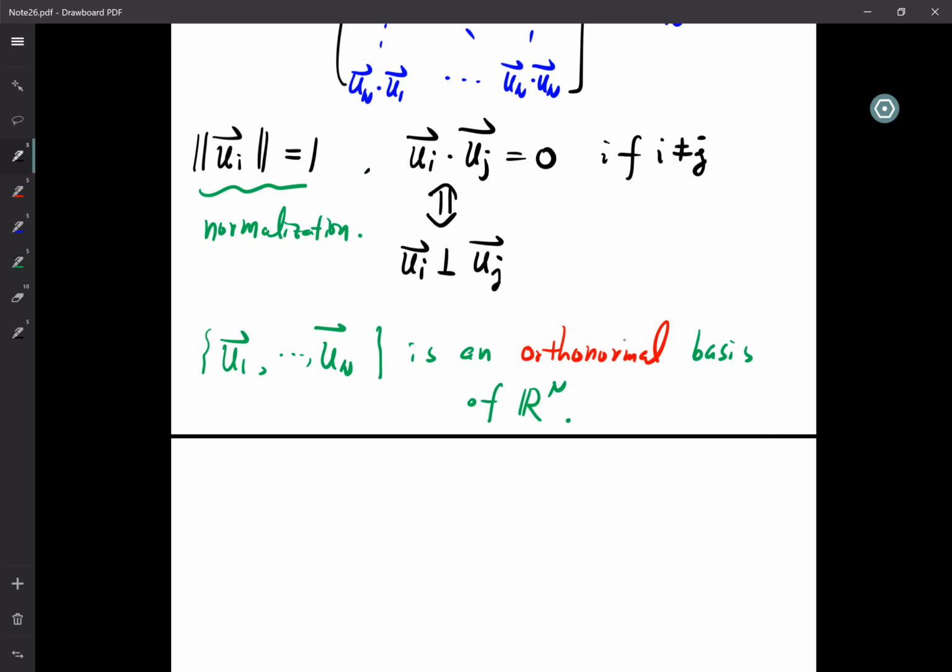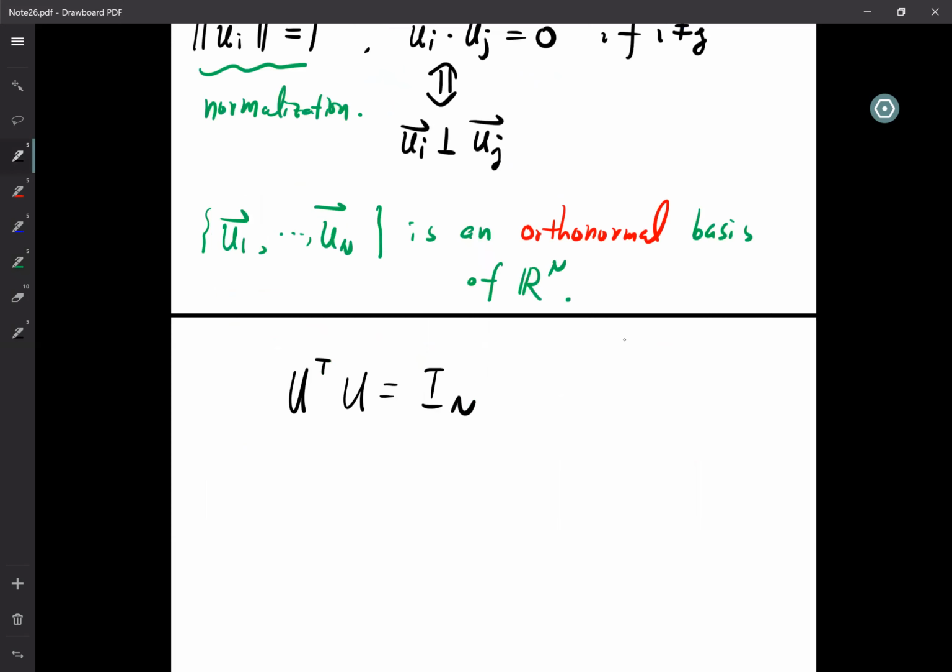The second thing is, why do we want to consider orthogonal matrix? The reason is its inverse. One advantage is its inverse is really, really easy to compute. Let's recall, how do we define the inverse?